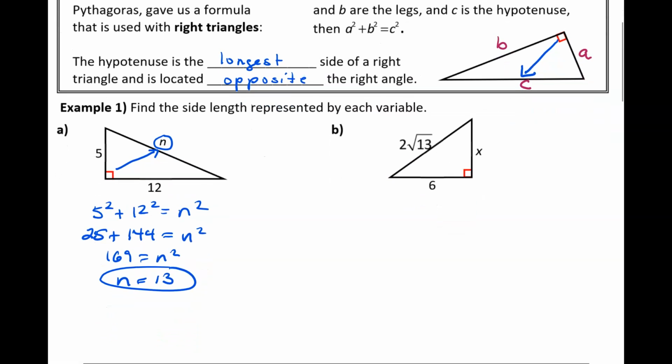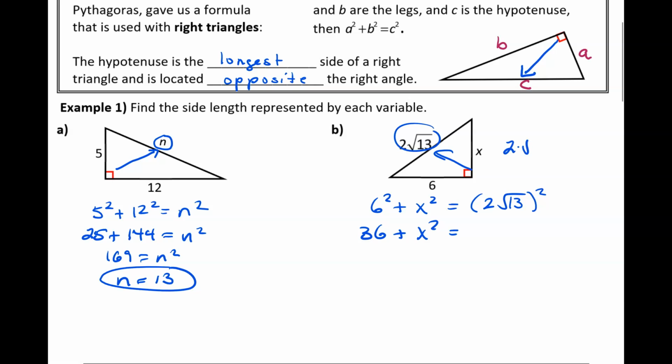All right, let's try B. In this one, the hypotenuse is 2 root 13, opposite the right angle. So 6 squared plus x squared is equal to 2 root 13 squared. 36 plus x squared is equal to, and 2 root 13 squared means times itself. 2 root 13 times 2 root 13 is 4 times the square root of 169, which is 4 times 13, or 52.